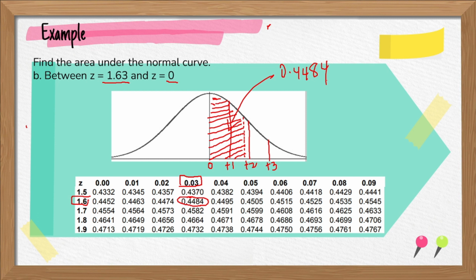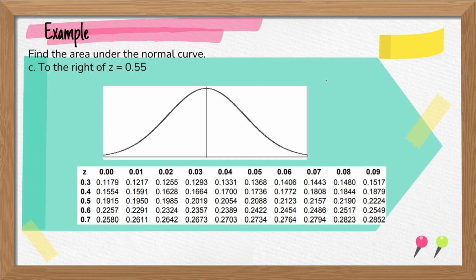Okay, so let's proceed to example letter C. Find the area under the normal curve to the right of z is equal to 0.55. So, meron na siyang nakalagay na to the right. So, first, hanapin muna natin si 0.55. Locate muna natin siya sa normal curve. So, this is 0, then positive 1, positive 2, positive 3.